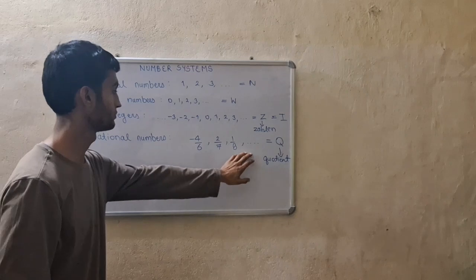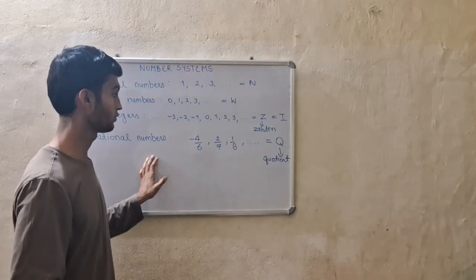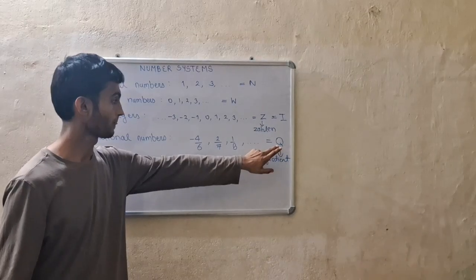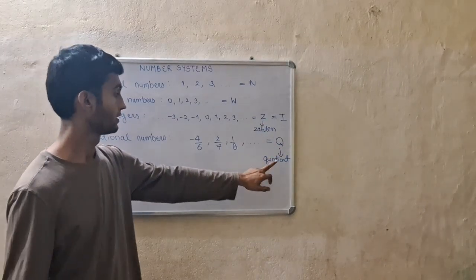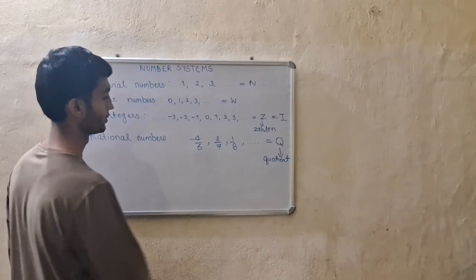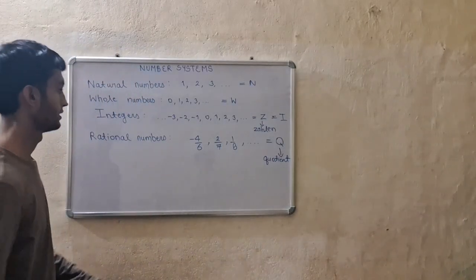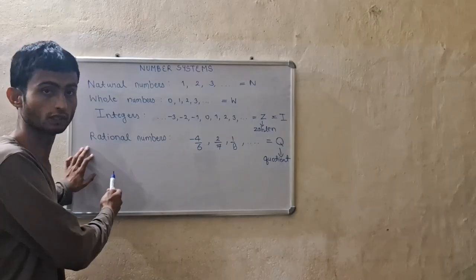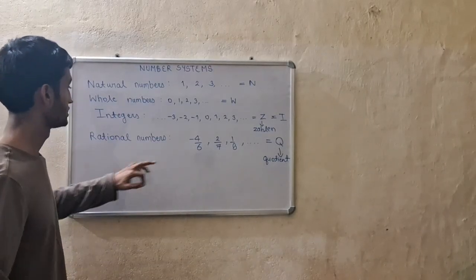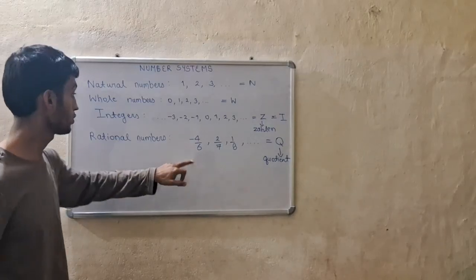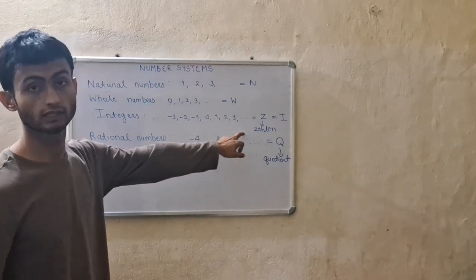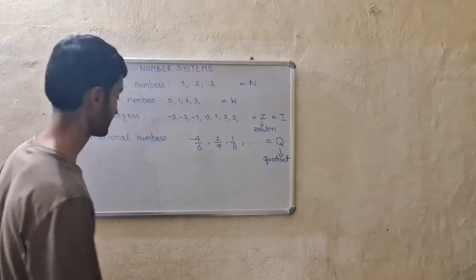We call these numbers rational numbers, and this is denoted by the letter Q, which is taken from the word quotient. Okay. Now I will explain the definition of rational numbers. Then you will see that not only these numbers are rational numbers, but also these numbers are included in this collection of rational numbers. Okay.